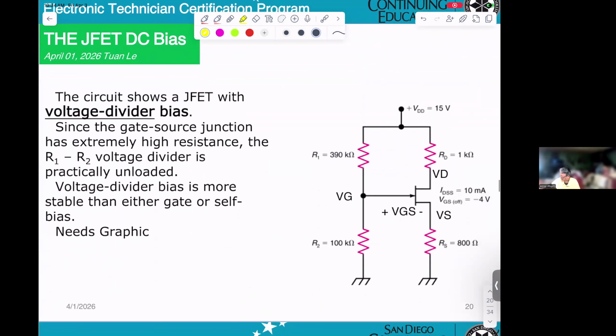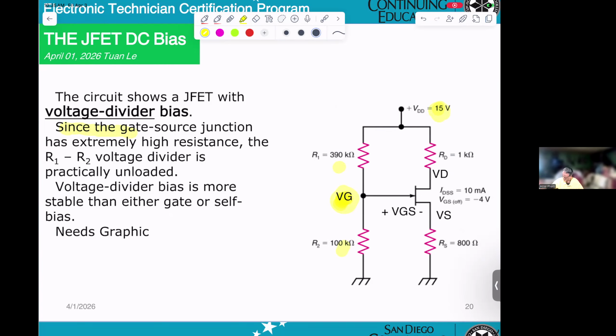Now the next one, voltage divider bias. This one you already know. When you worked on bipolar voltage divider, you could calculate VG here. VG equals VDD times R2 divided by R1 plus R2.